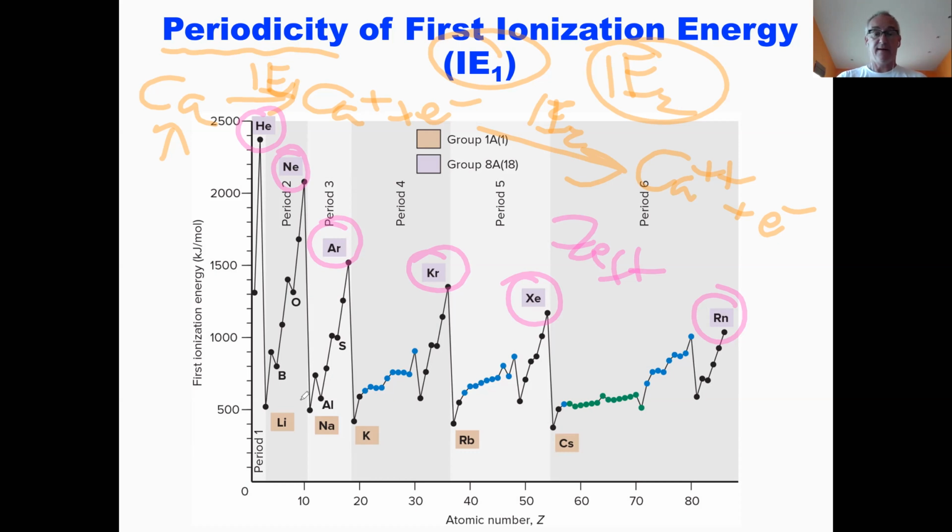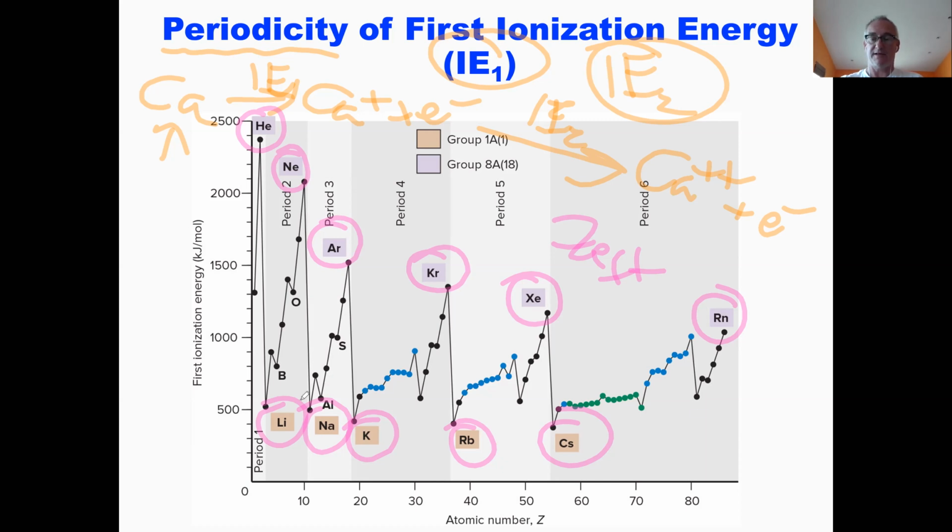On the other hand, look at the elements where it's the easiest to steal an electron. Lithium, sodium, potassium, rubidium, cesium. What do they have in common? They have only one electron in the outer shell. So which group is that?